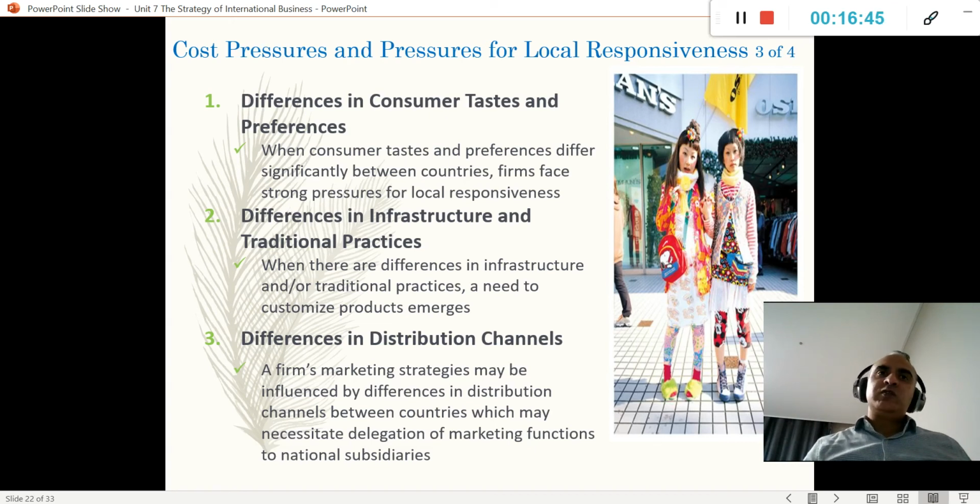We also need to adapt to the local needs in terms of infrastructure and traditional practices, in terms of how we present the products, where we sell them, what the consumer wants out of the products, and the same for the distribution channels, whether they are already covered by someone. Maybe there's already some sort of monopoly, and we need to understand that and adapt to the local situation.